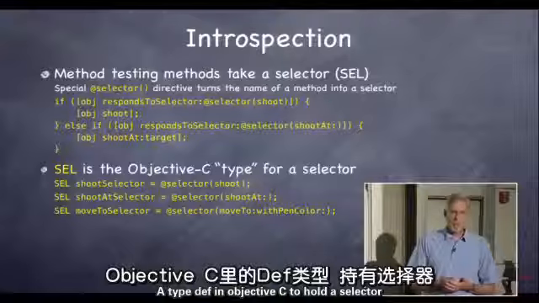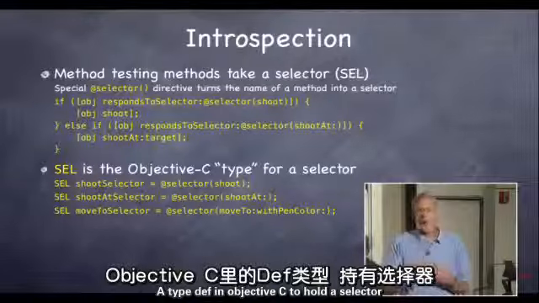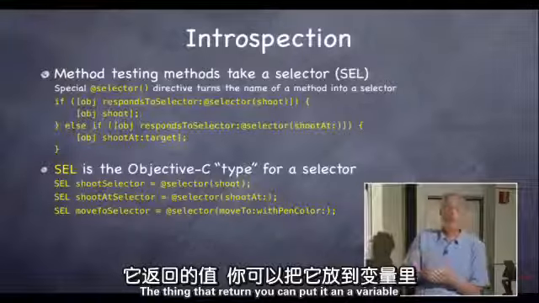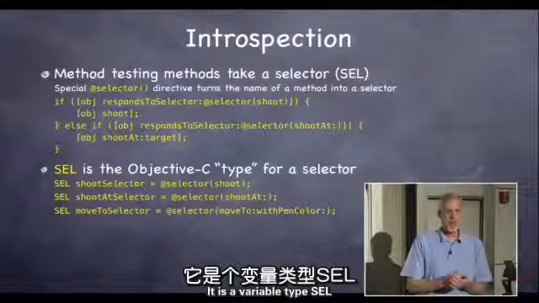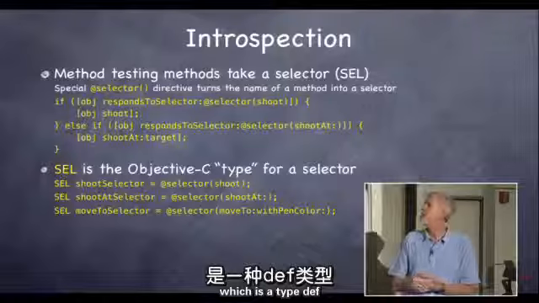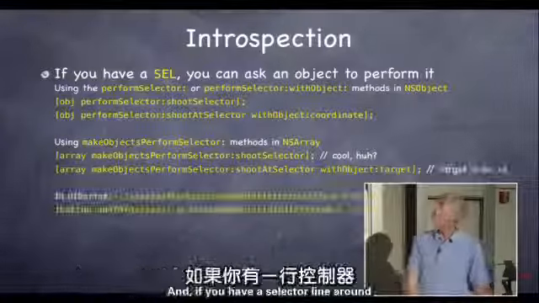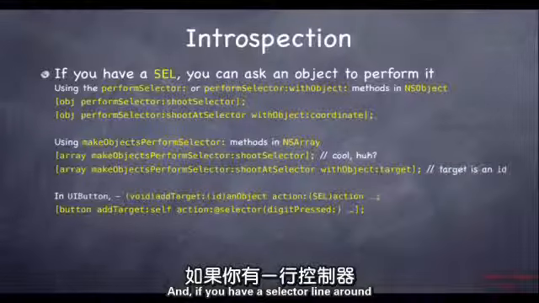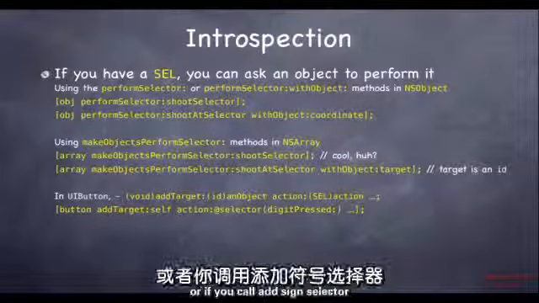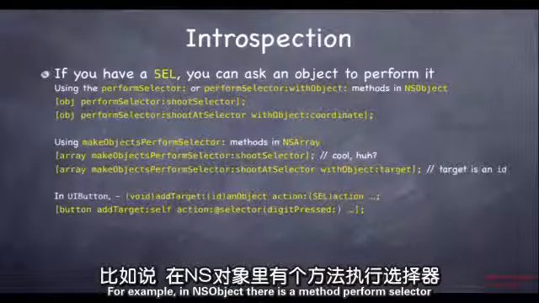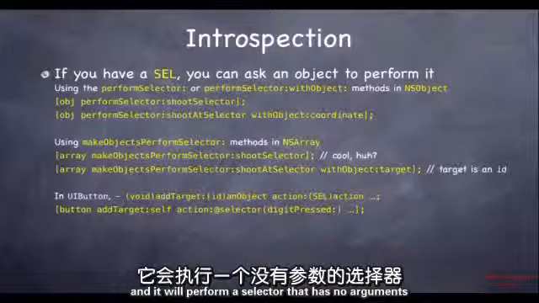There's a typedef in Objective-C to hold a selector. So the thing that @selector returns, you can put it in a variable. It's a variable of type SEL, which is a typedef. It's probably some big int, a 64-bit int or something like that. And if you have a selector lying around, or if you call @selector, there are some pretty cool methods you can call. For example, in NSObject, there's a method performSelector, and it'll perform a selector that has no arguments.